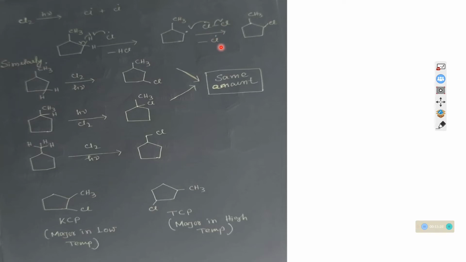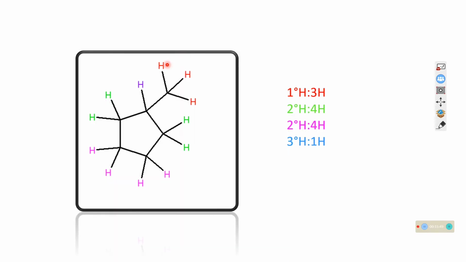So in this case, one alkyl radical is formed, and if the alkyl radical is more stable, it will be easily formed. So let's see the compound. This is methylcyclopentane. There are four types of hydrogen. These three hydrogens are 1 degree.